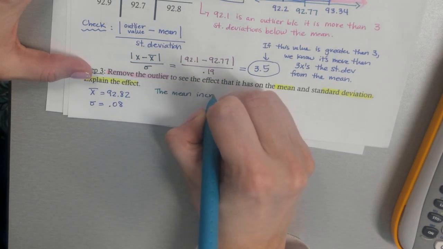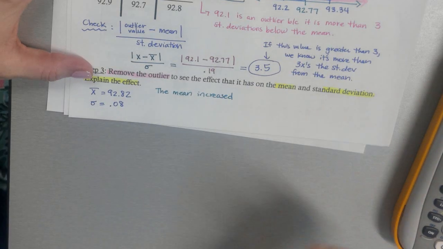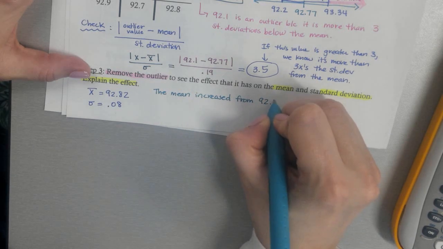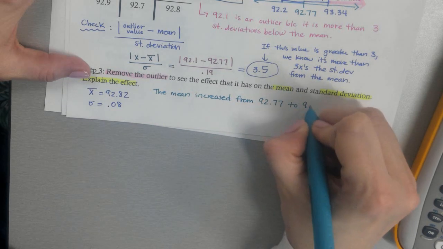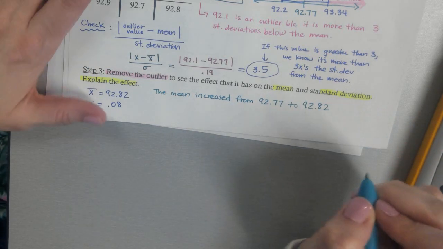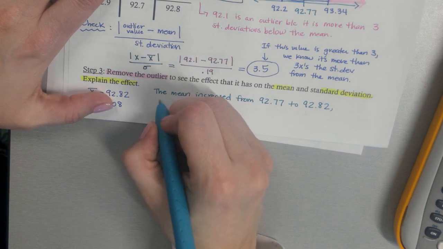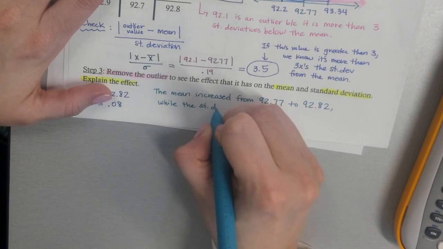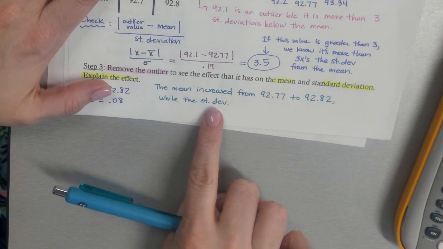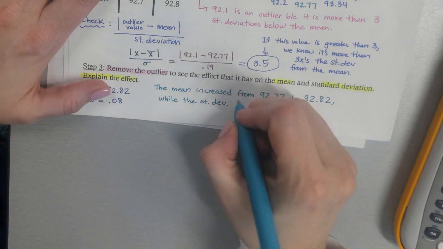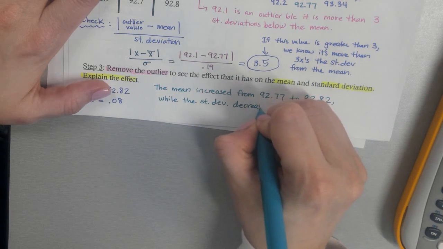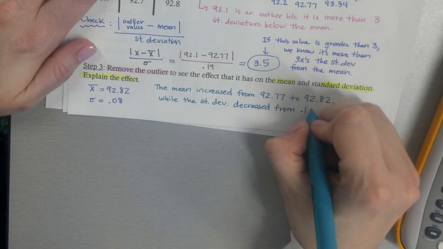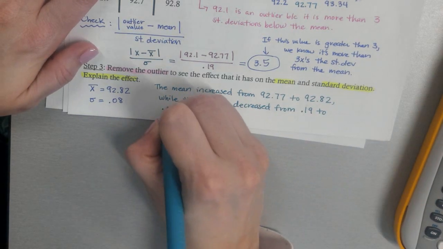So the mean increased from 92.77 to 92.82, while the standard deviation, and if you guys want to abbreviate like I did, that's fine, decreased from 0.19 to 0.08.